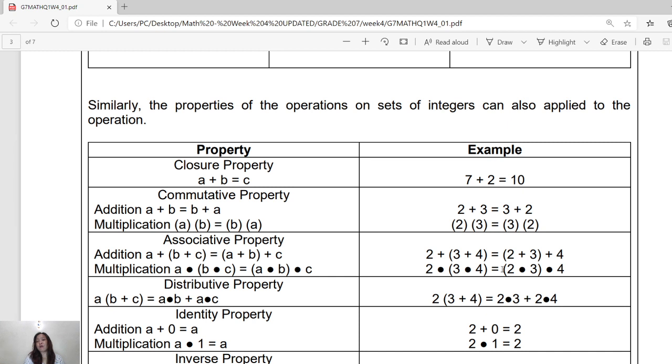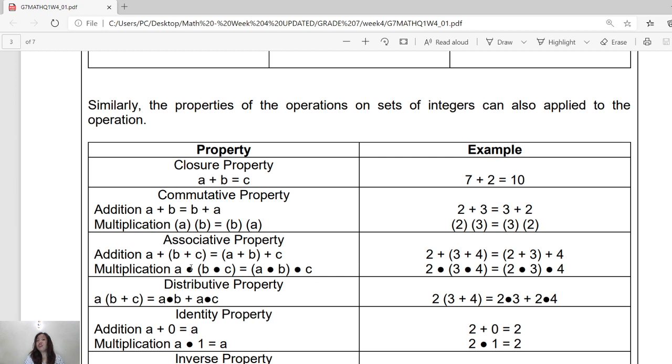They are just the same. This is 7, and 7 plus 2 is 9. This is 5, and 5 plus 4 is still 9. Therefore, the associative property is also true for addition.